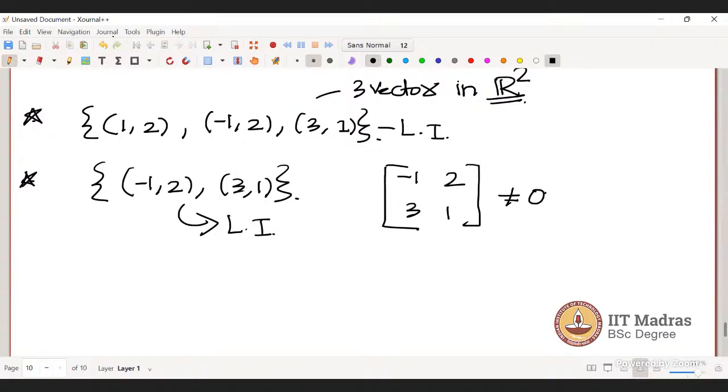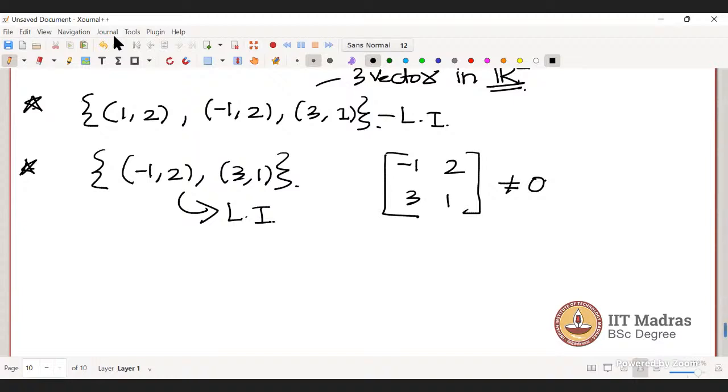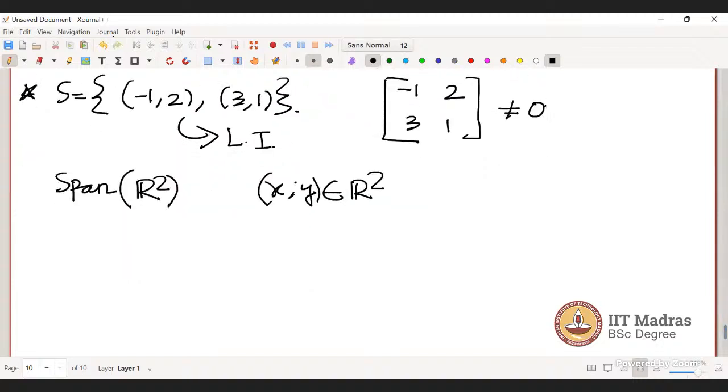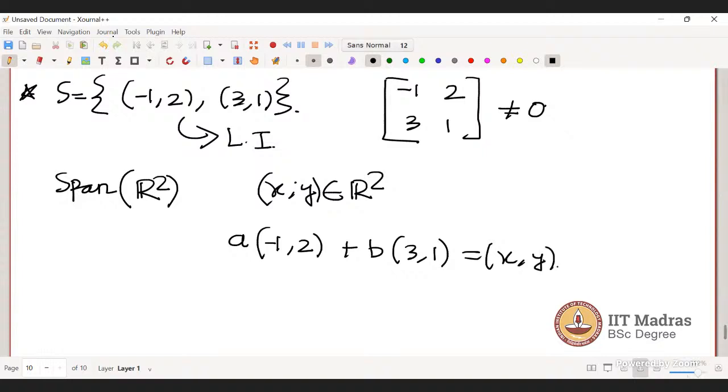But you can still prove that the span of this set is R square. How will you prove that? You pick an element in R square and show that you can write it as a linear combination of these two elements.